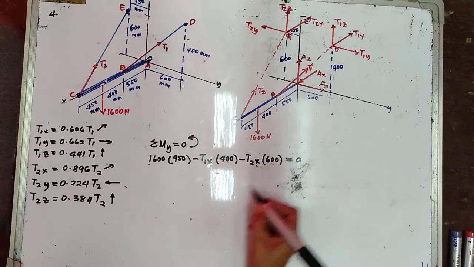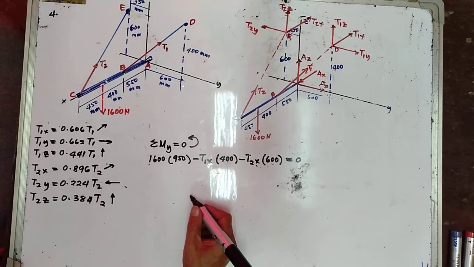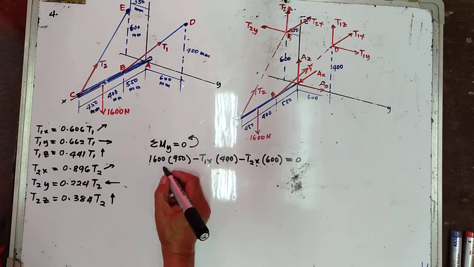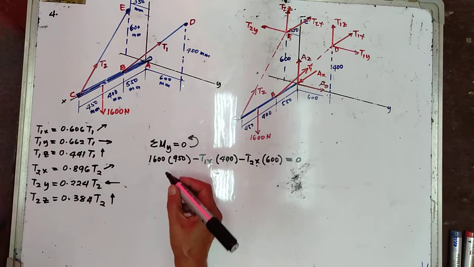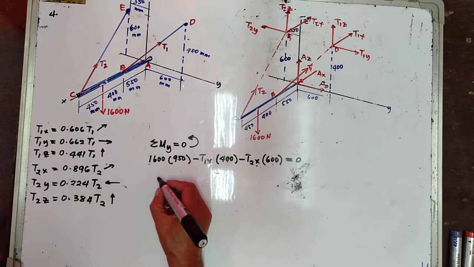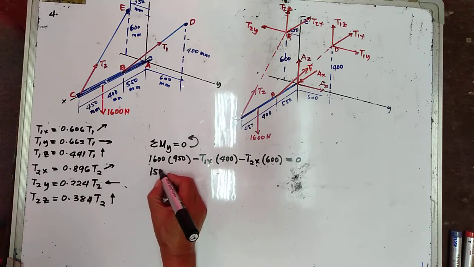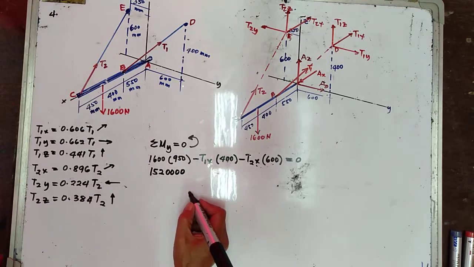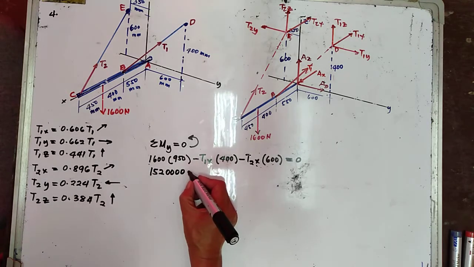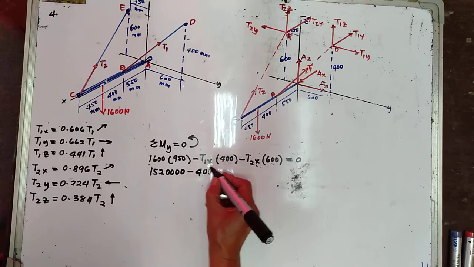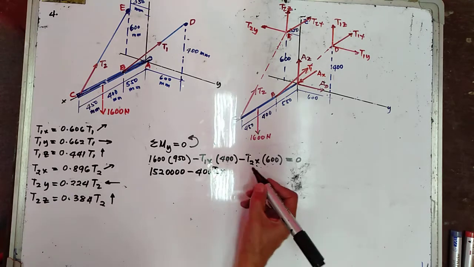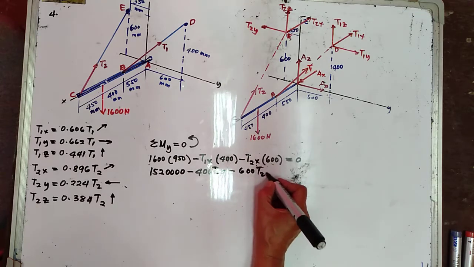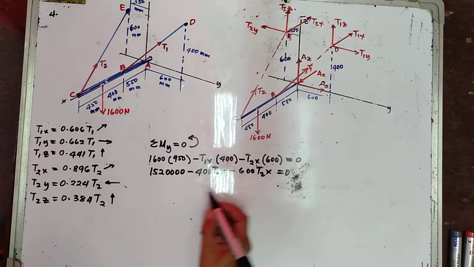And this one is now equal to 0. So we now have 152 minus 400 T1X minus 600 T2X is equal to 0.